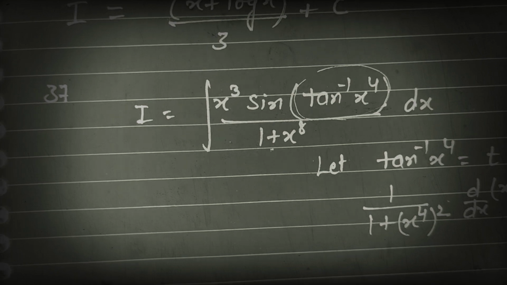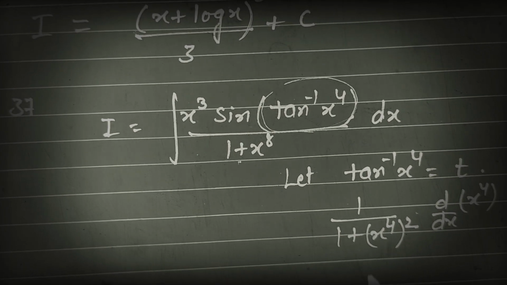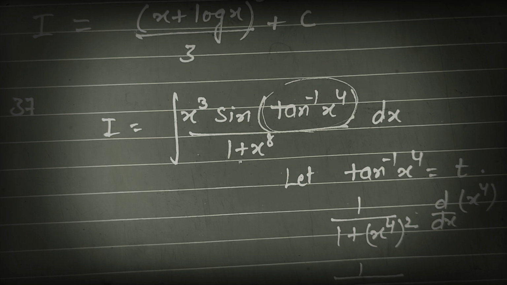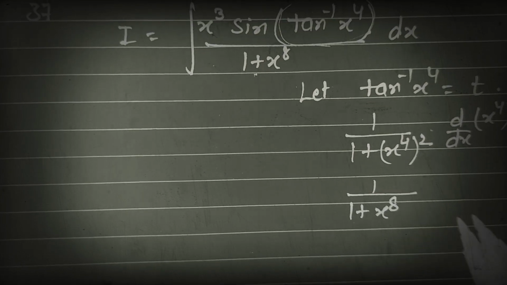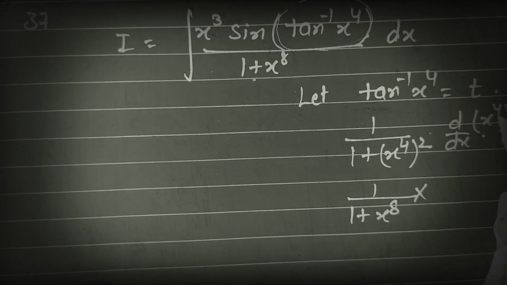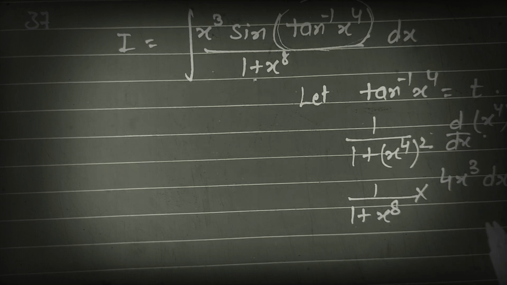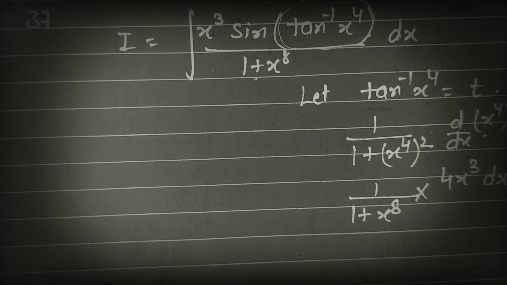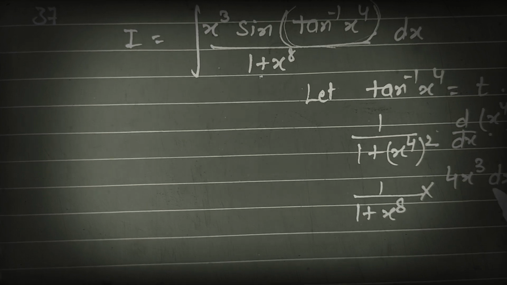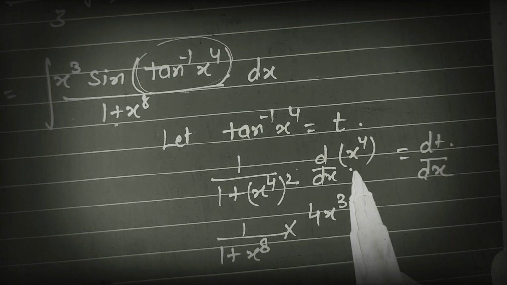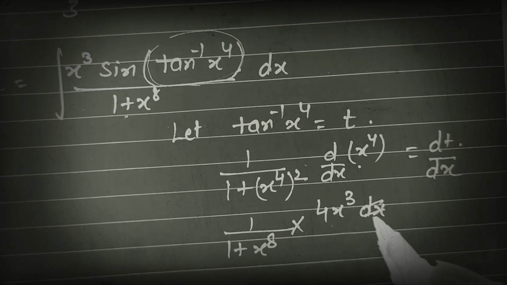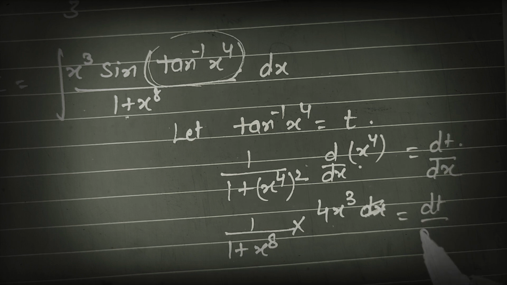Now 1 upon 1 plus x raised to power 4 square is 1 plus x raised to power 8, and the derivative of x raised to power 4 is 4x cube. So it is dt by dx equals 4x cube upon 1 plus x raised to power 8. Clear?